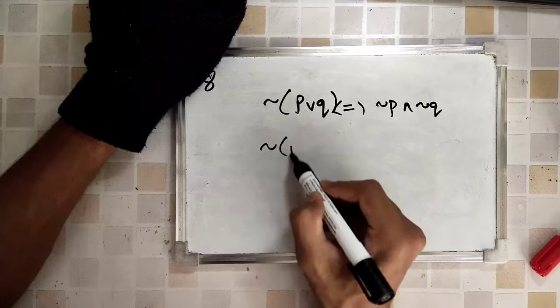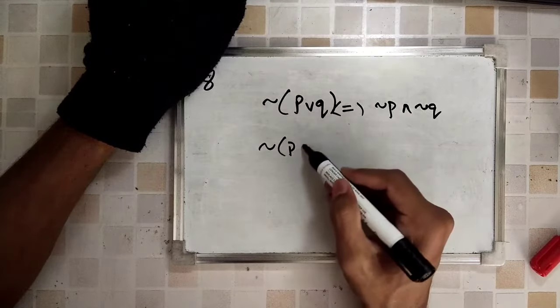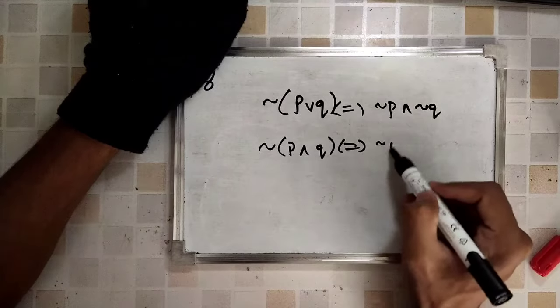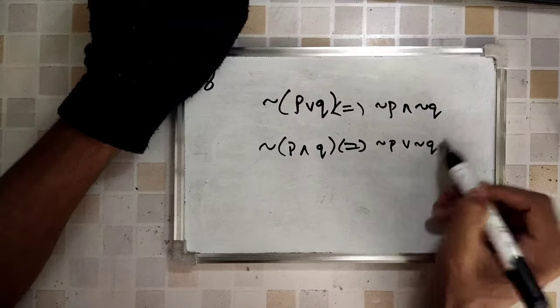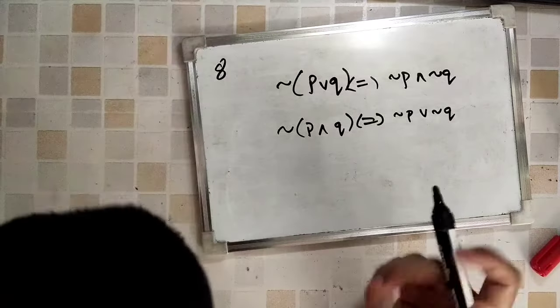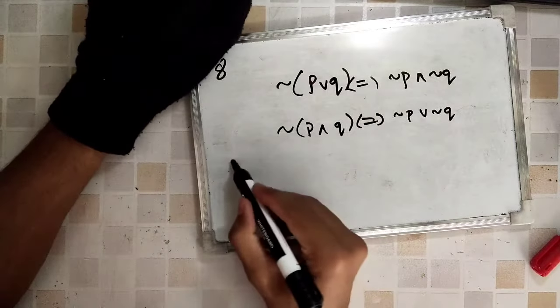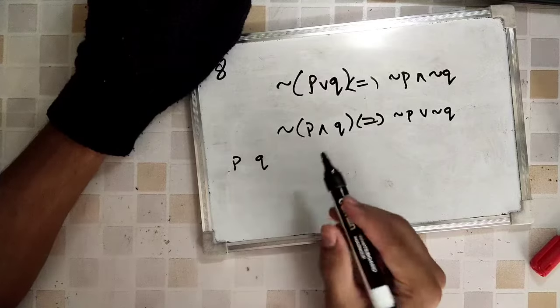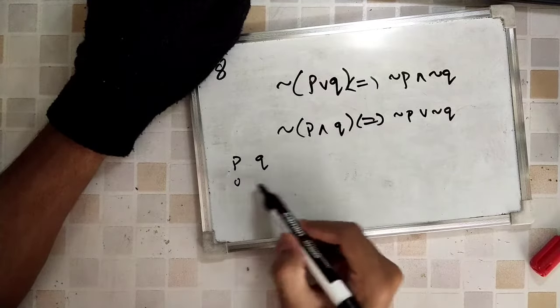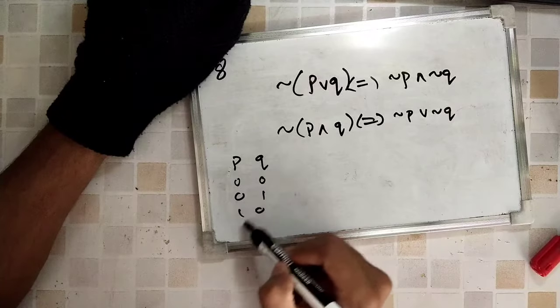So negation of (P and Q) is logically equal to negation P or negation Q. We are not just saying it like this, I'll show you. P, Q: let us take this whole table itself, 0 0, 0 1, 1 0, 1 1.